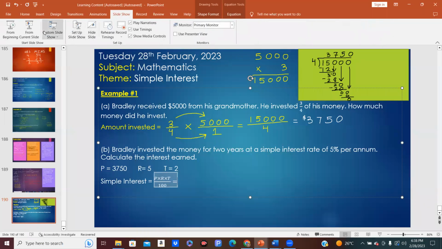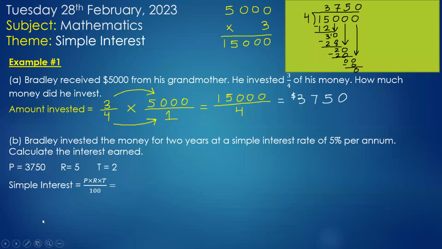It's going to be 3,750 times 5 times 2 all over 100.